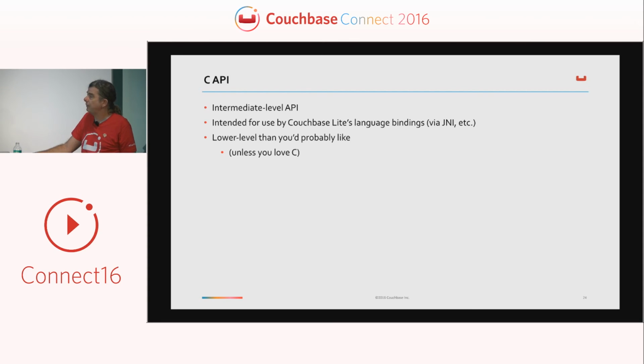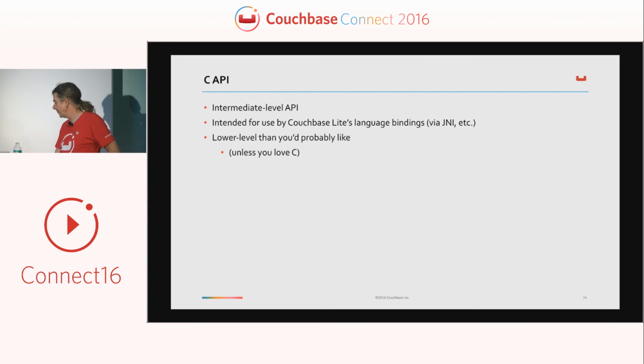But there's nothing stopping people from using it, and it's something that you could use if you wanted to use this on a platform, like maybe an embedded platform where you don't want to have the overhead of dropping in a JVM into your platform just so that you can use the Java API. Or if you want to port an API to some other language like Python or something, you can do that as well. So it's a bit low level.